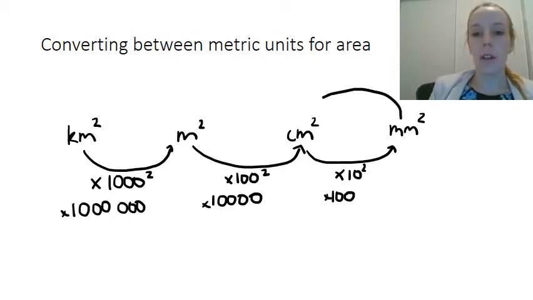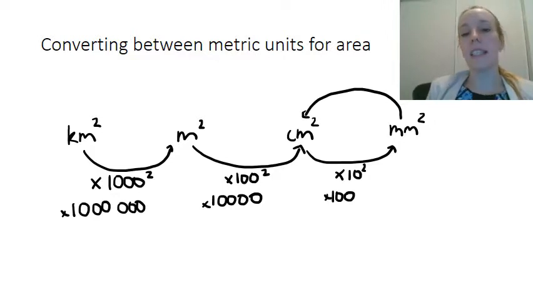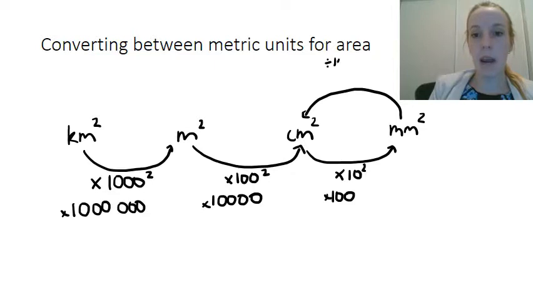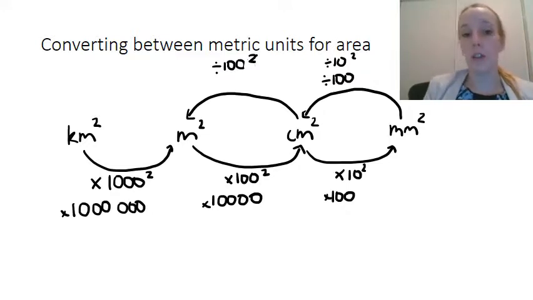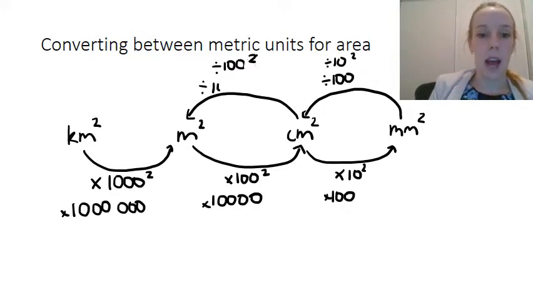So doing the opposite, going from millimeters to centimeters, normally you divide by 10, but now we're dividing by 10 squared, which is the same as dividing by 100. Centimeters to meters, normally you divide by 100, but because it's squared, it's divided by 100 squared, which is dividing by 100 times 100.